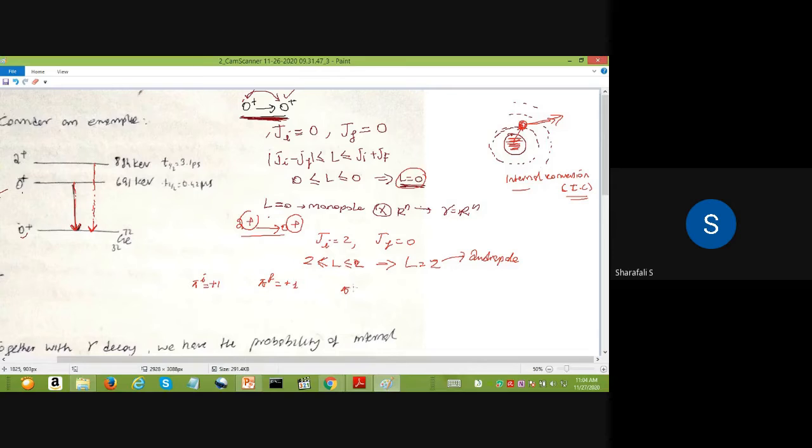So pi I should be equal to pi f times (-1) to the power L. Is this right? Pi f equal to pi I times (-1) raised to L, or pi I equal to pi f times (-1) raised to L?